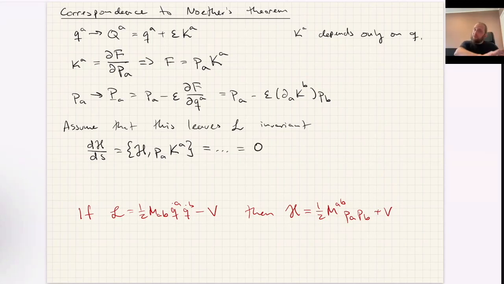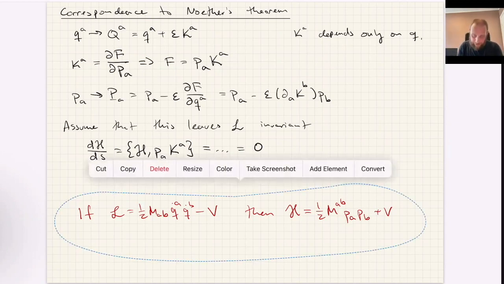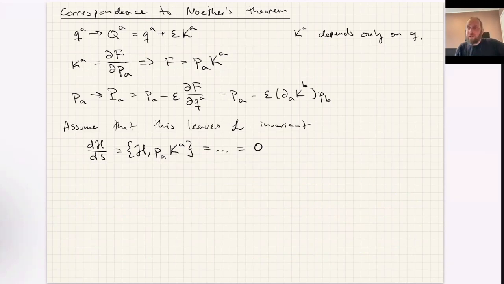So indeed, if we have a symmetry on the Lagrange side, it translates directly to a symmetry on the Hamilton side as well. So what we know then is that we have a conserved quantity, because the Hamiltonian commutes with p_A K^A. So p_A K^A must be conserved under time evolution of the system. So f equal to p_A K^A is a constant of motion.